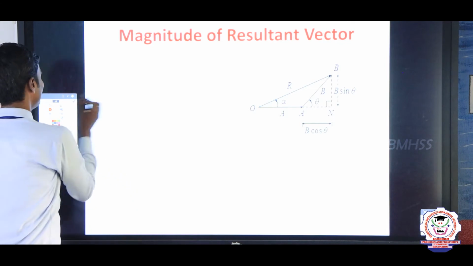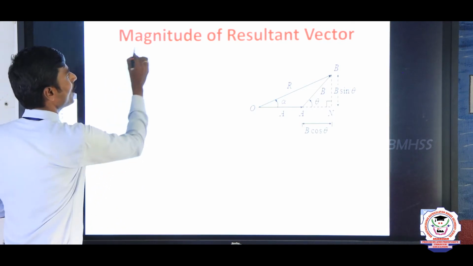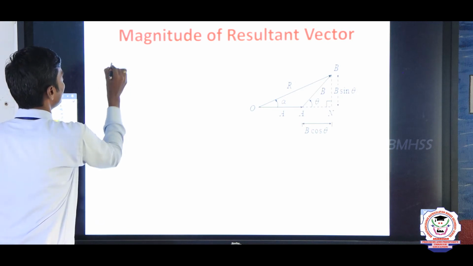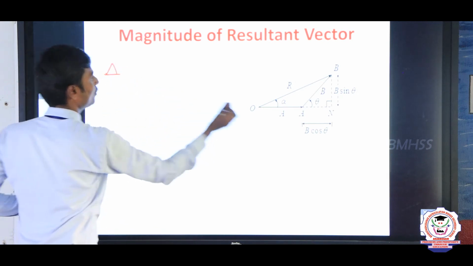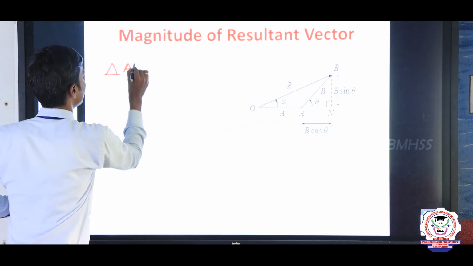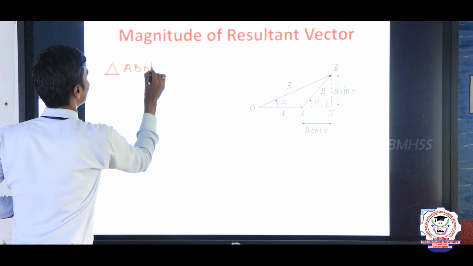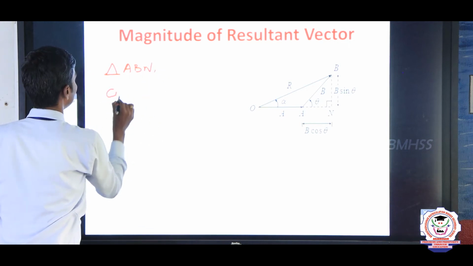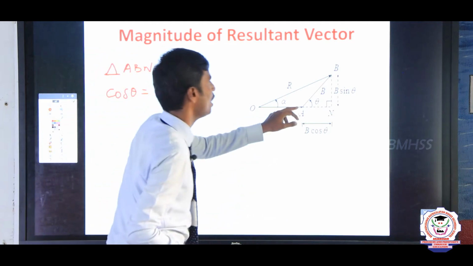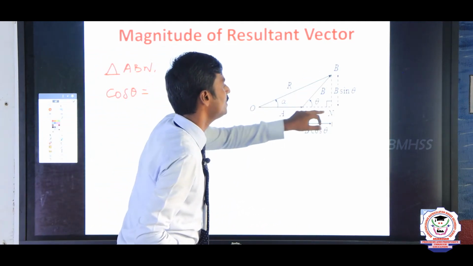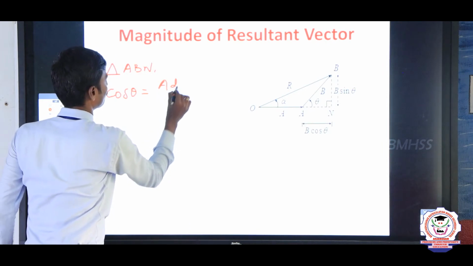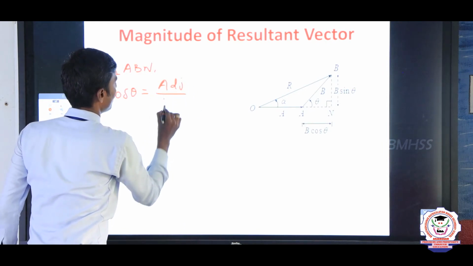So cos theta in the right angle triangle ABN equals adjacent side by hypotenuse.